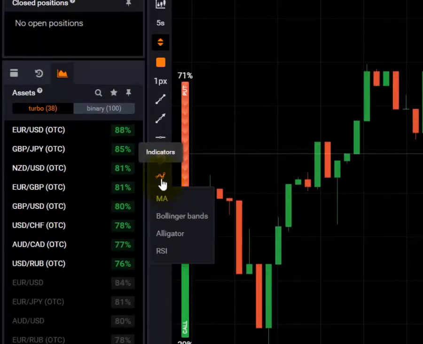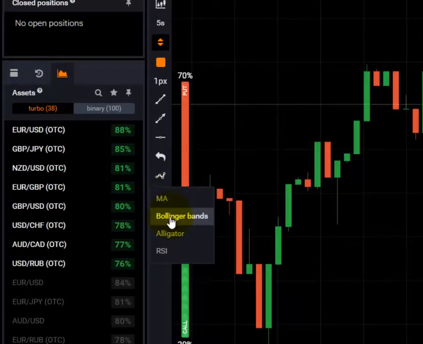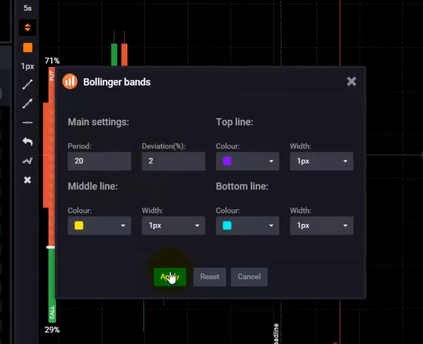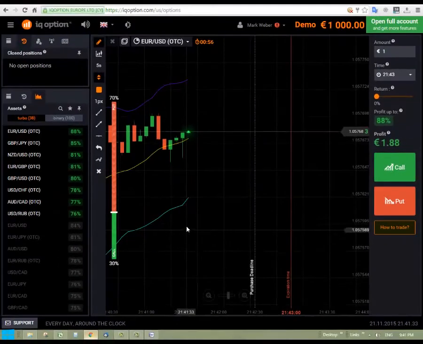The first indicator is the Bollinger Bands. We press the Bollinger Bands and we see main settings. We leave the period on 20 and a deviation of 2, and we hit apply.